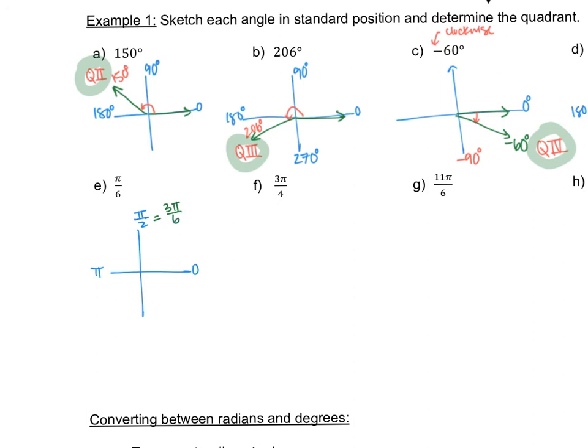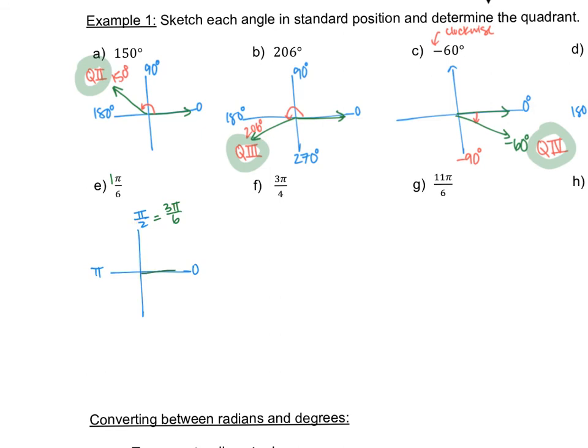Now what I'm doing here is getting a common denominator because I want to compare and see where this pi over 6 is on the coordinate system. So that's why I'm changing this pi over 2 to 3 pi over 6. These two are still equal to each other, but what I notice is that this is 1 pi over 6. So it's not bigger than 3 pi over 6. That means I can't pass this quadrant.